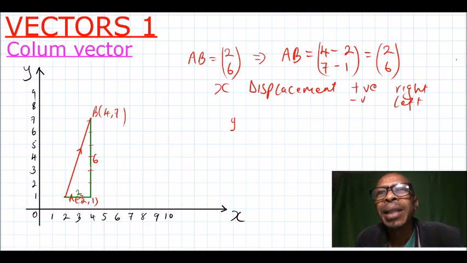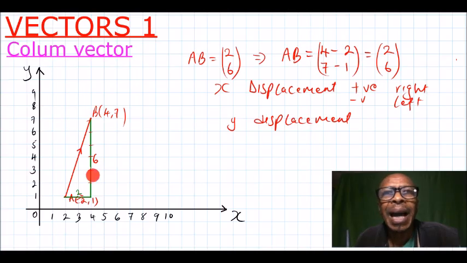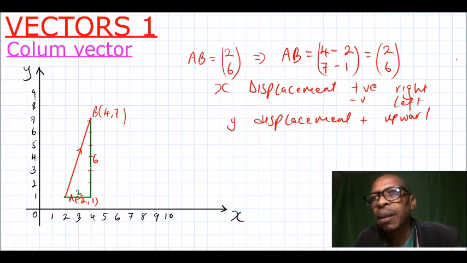Y displacement. In this case, it is upward. So when it is upward, it is positive, and downwards, it is negative.